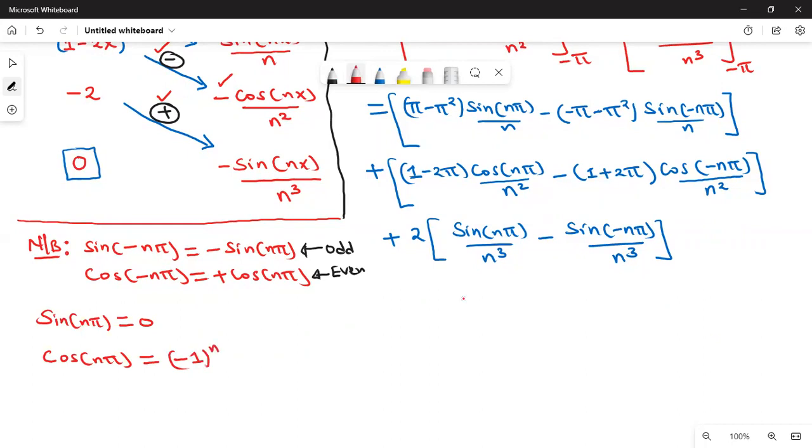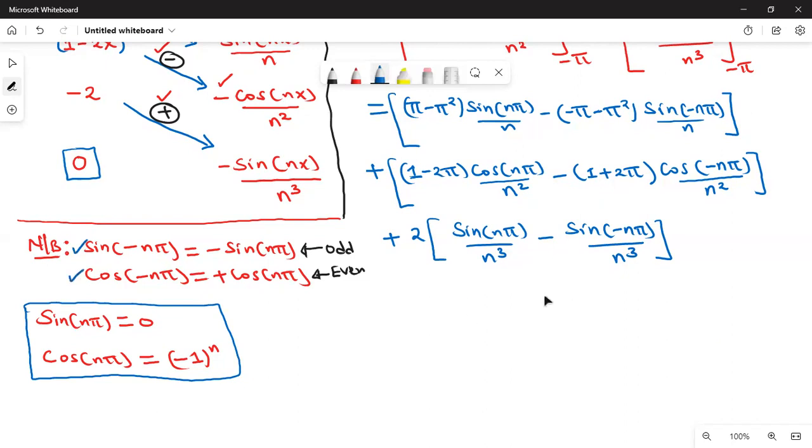Again, here n is an integer. For instance, when n is 2, that is cos 2 pi. 2 pi is 360 degrees. Cosine of 360 degrees is 1. When n is 1, we talk of cos pi. Pi is 180 degrees. Cosine of 180 degrees is -1, etc. So these identities are very important to help us simplify what we have in our solution.